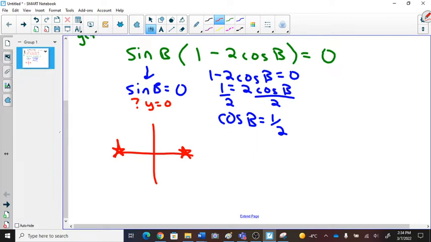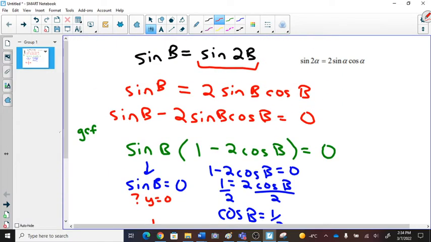I didn't write this down, but what did your question on your paper say? It said the angle has to be equal or greater than 0 and less than 360, that's what the top of your paper says.